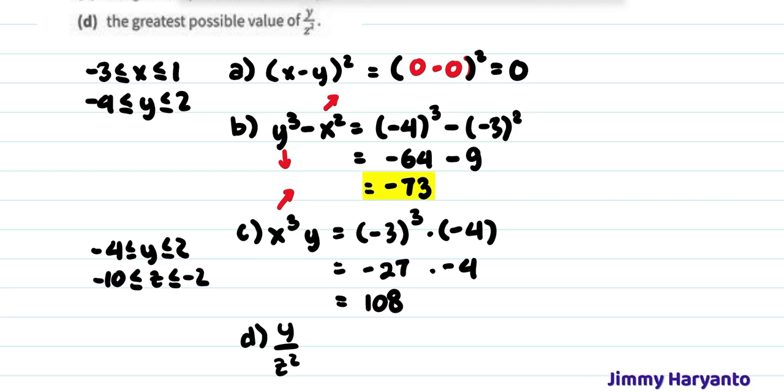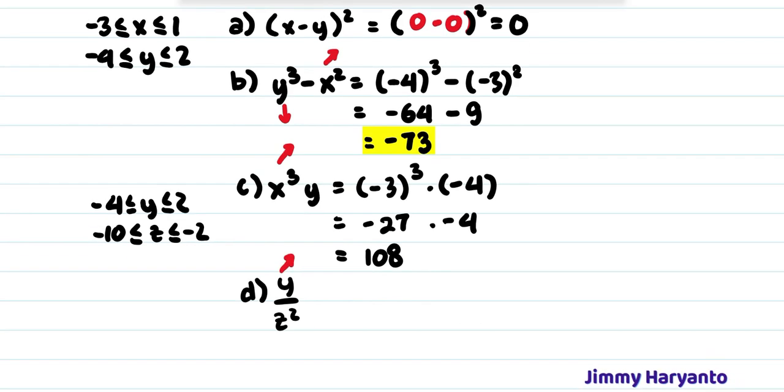It has to be the greatest, so the y has to be the greatest and the z has to be the smallest. So for the y it has to be the greatest one. The z square cannot be negative, so I cannot choose negative numbers for the y. That means I'll have to use 2. For the z, the smallest one will be 0.